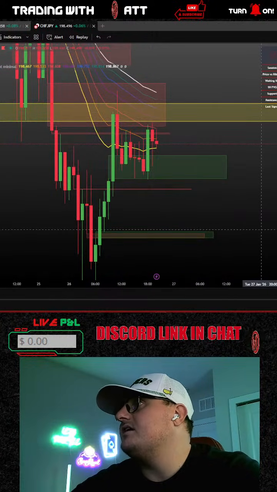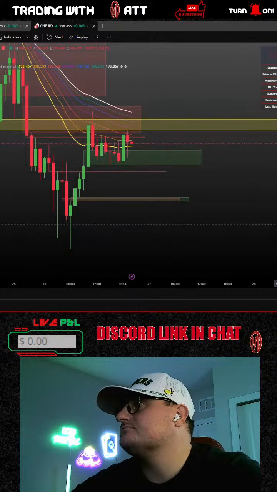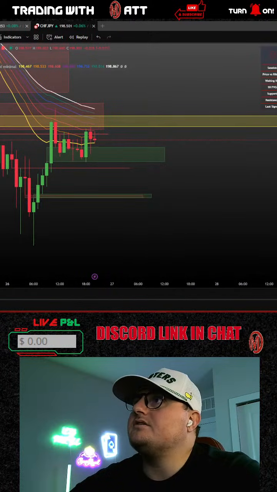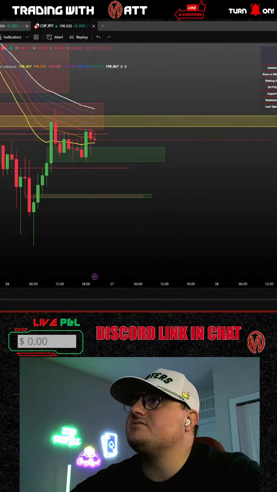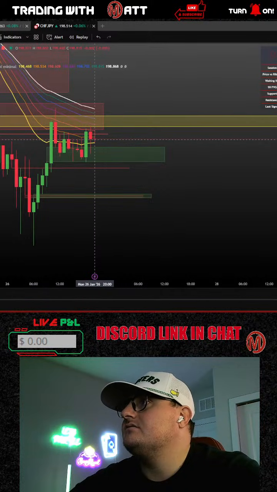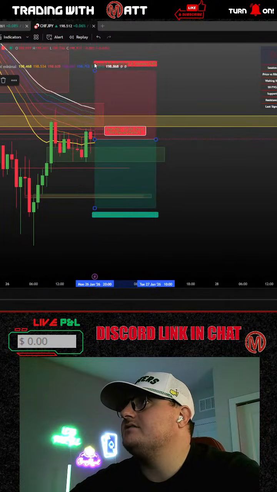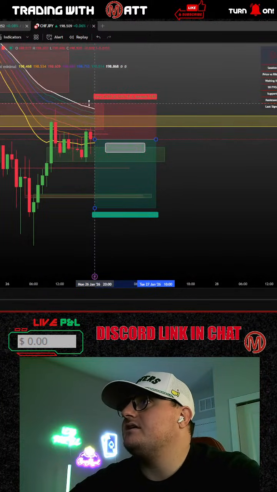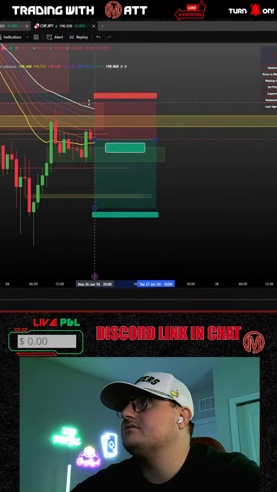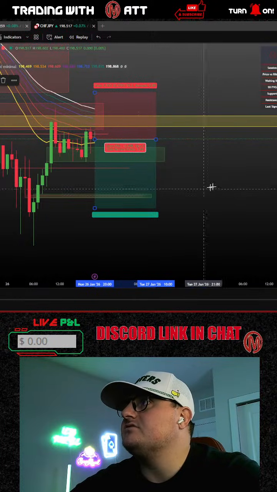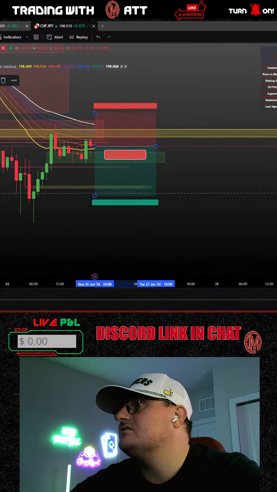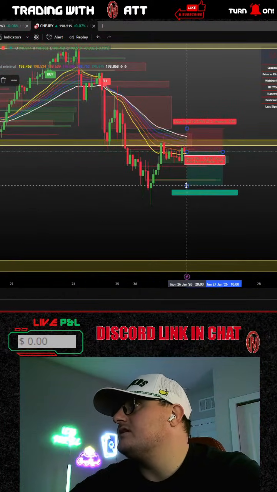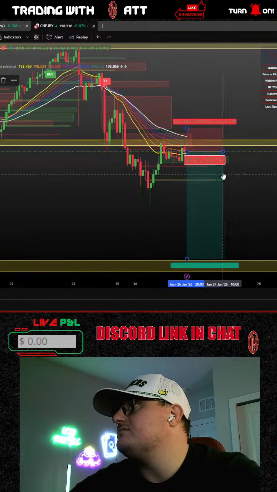This should come down on CHF JPY. Right here would really be the highest that I'd want my stop loss at. You could go up into the zone a little bit to the next FVG, but that's what you'd be looking at here.